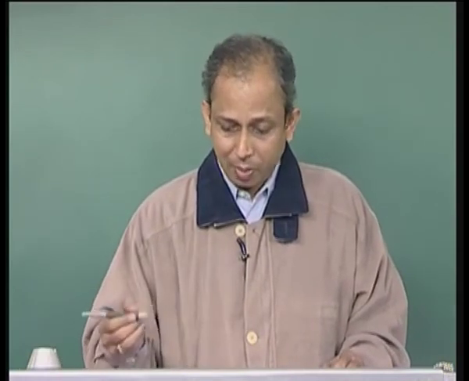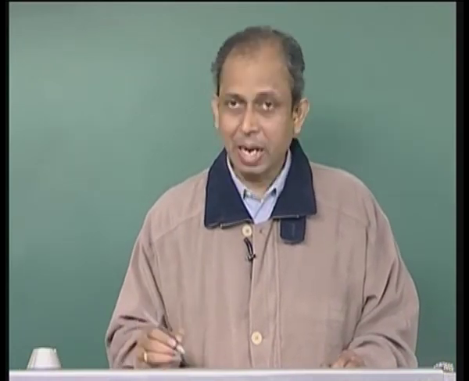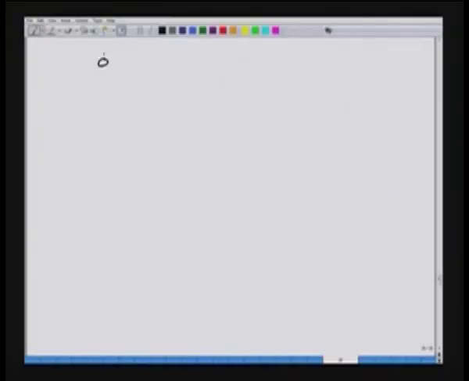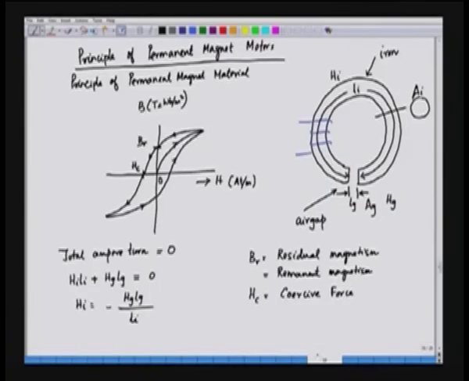Whenever we have a loop, the flux will be the same. We have the same common flux because the flux lines are closed lines, so whatever flux is in the iron, the same flux is also passing in the air gap.